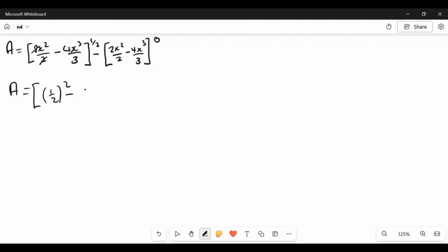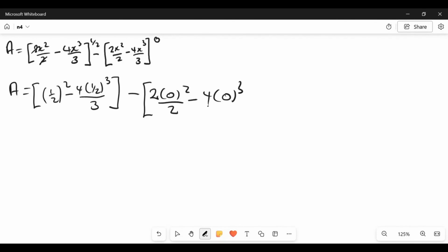And then we say minus 4, and instead of writing x cubed, you're going to write (1/2) cubed divided by 3. Then we close the bracket, and then minus. On the second bracket, we substitute with our lower limit, which is 0, wherever there is x. So it's going to be 0 squared divided by 2, minus 0 cubed divided by 3. And then we are done there.